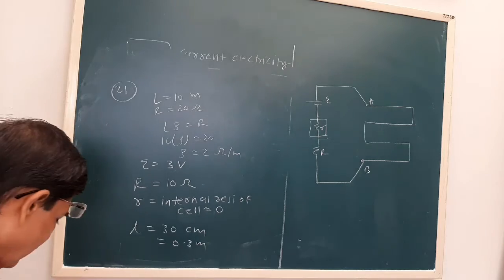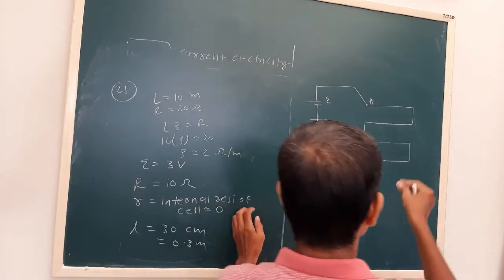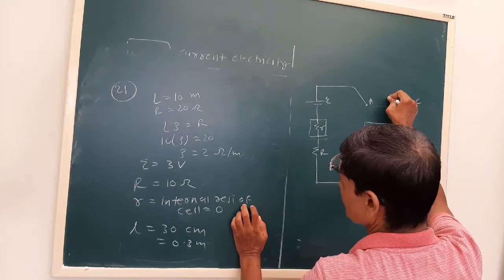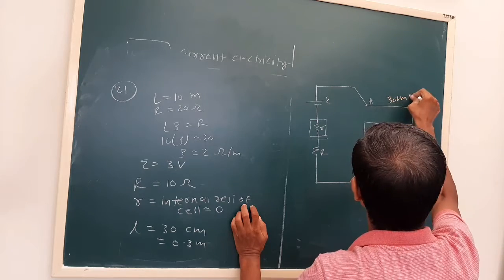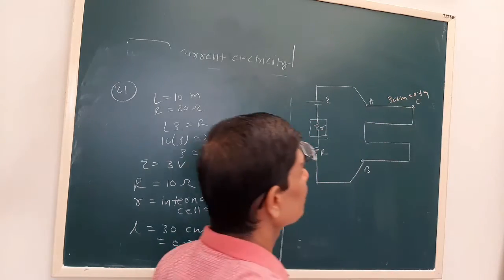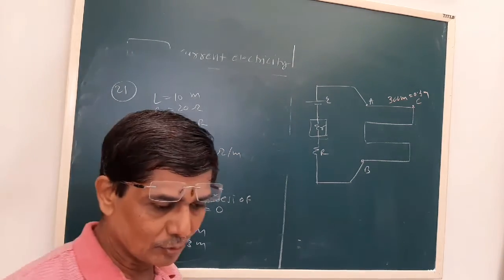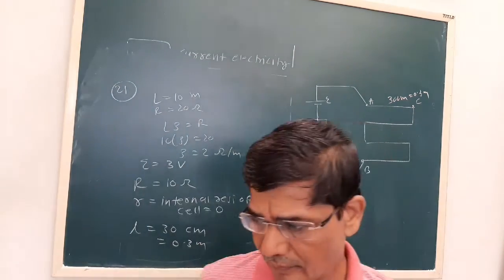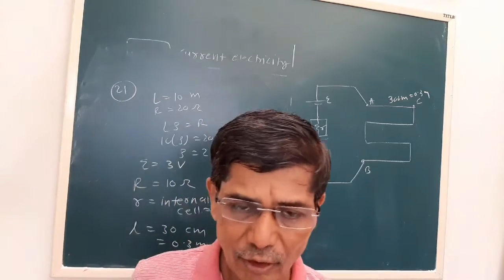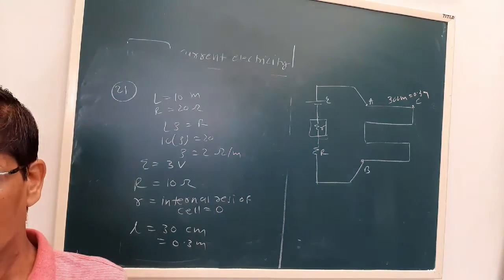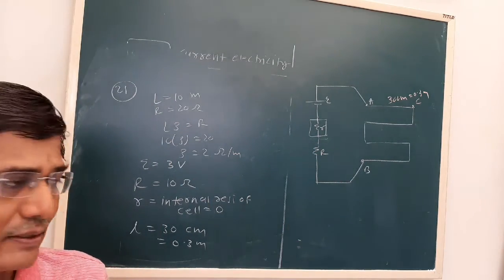Let us say these 2 points are separated by that distance. We discussed in the theory that a potentiometer is a device by which we can obtain continuously varying potential difference as well as measure it.